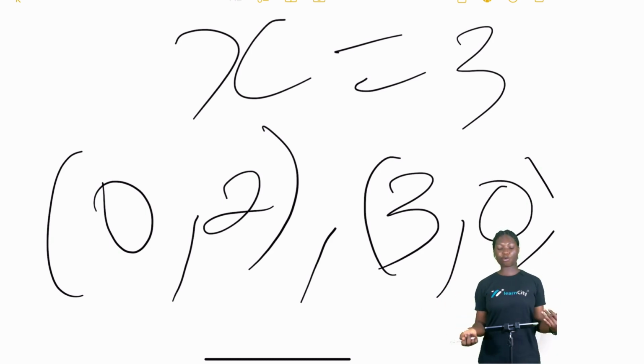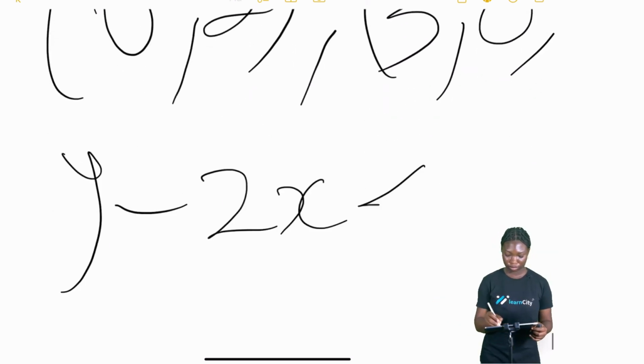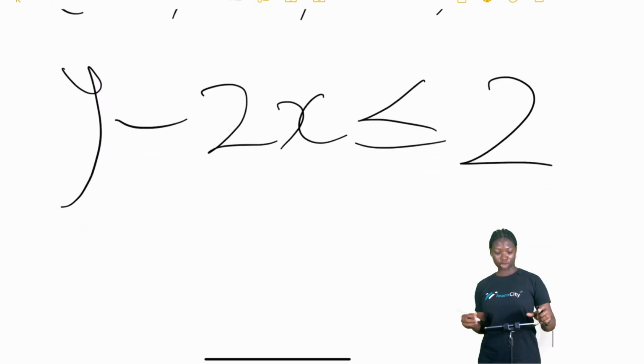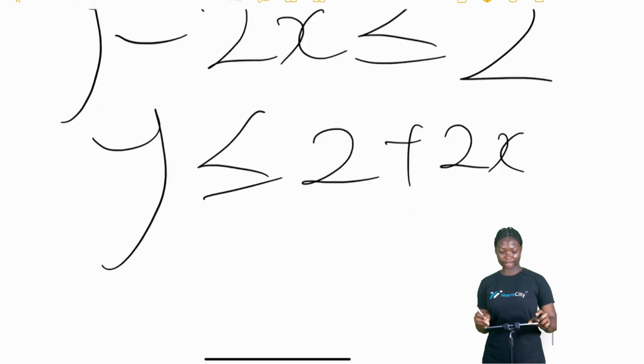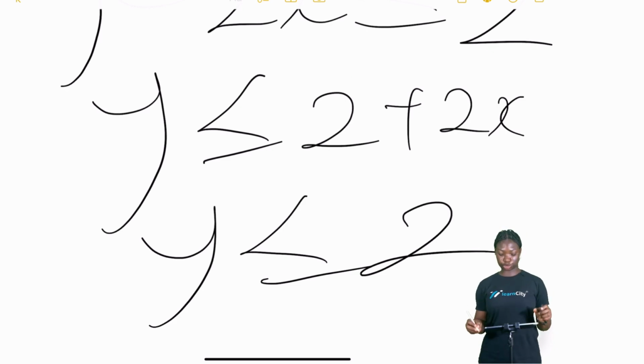Similarly, for our inequality y minus 2x less than or equal to 2, we have y to be 2 plus 2x. So when x is 0, we have y to be 2.